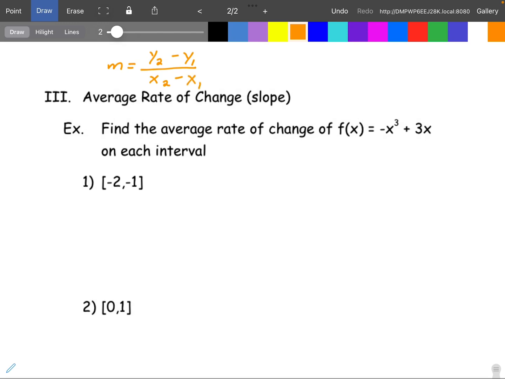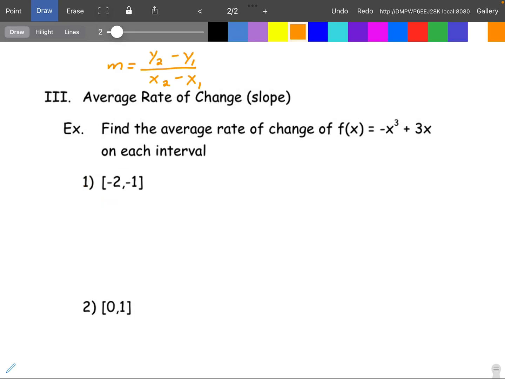Okay, so that's our basic formula for slope that we've used for years, and it is the exact same thing as rate of change. Now, the one difference in finding the rate of change is that when we're asked to find the average rate of change for a function on a specific interval, they are going to give us the x values. They did not give us the y values.